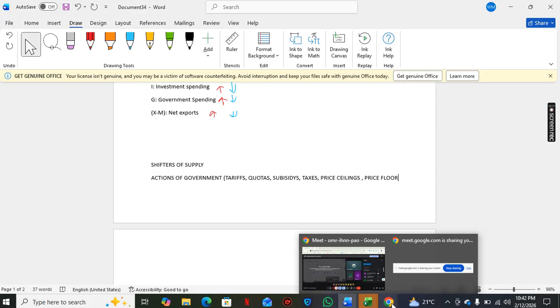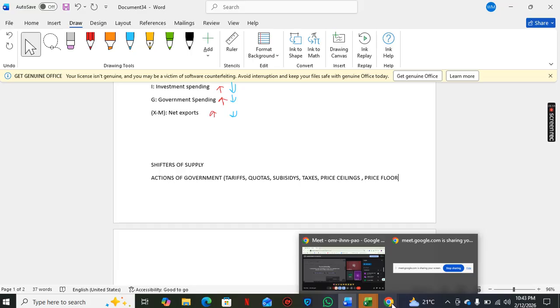I think the price floor is the minimum price that is usually imposed on certain commodities. Yes. Minimum legal price. Yeah. And the price floor, who does it benefit? The suppliers or the customers? Yes, the suppliers.